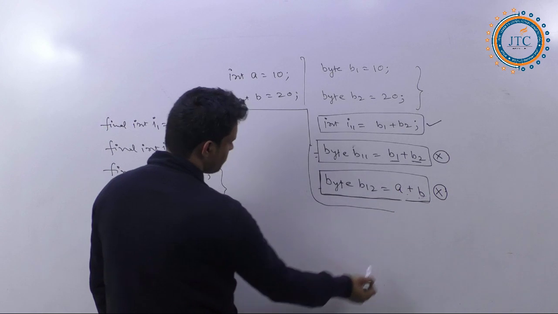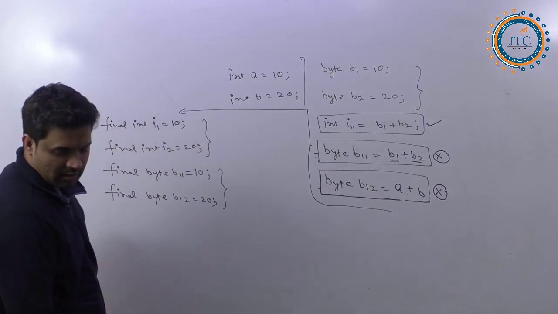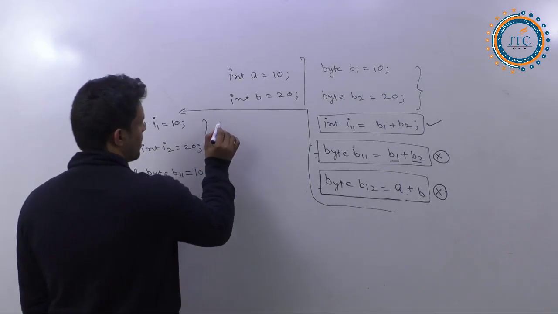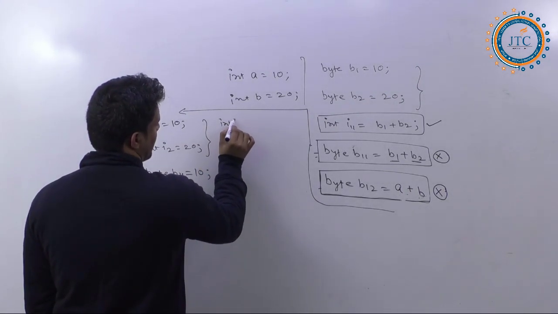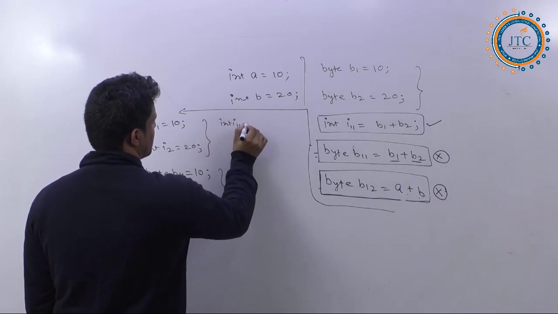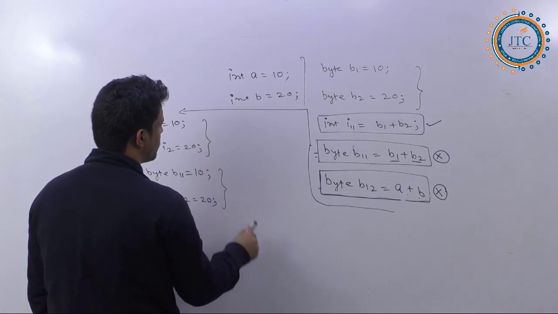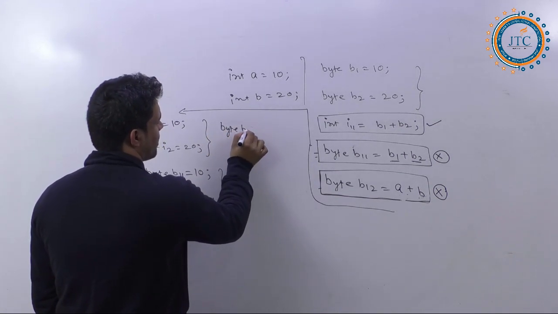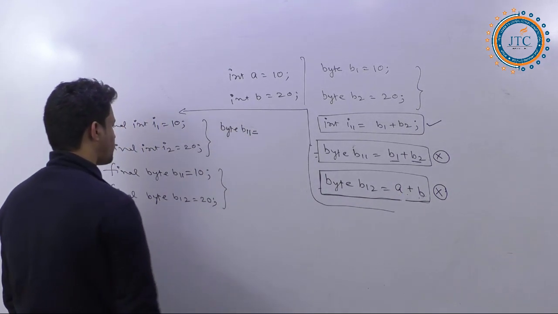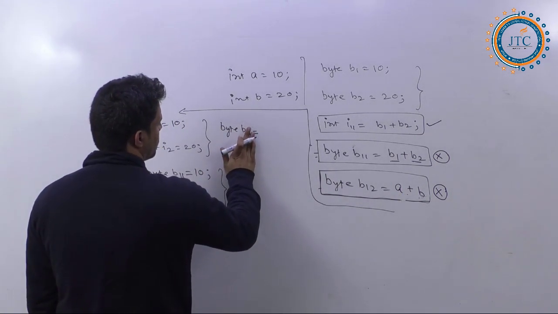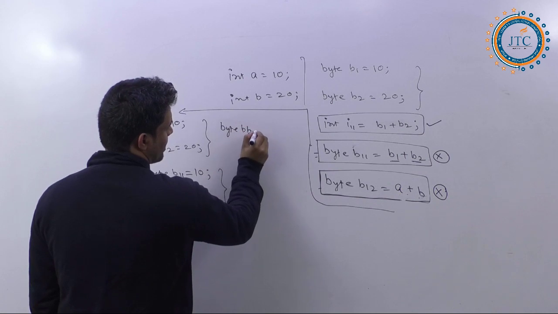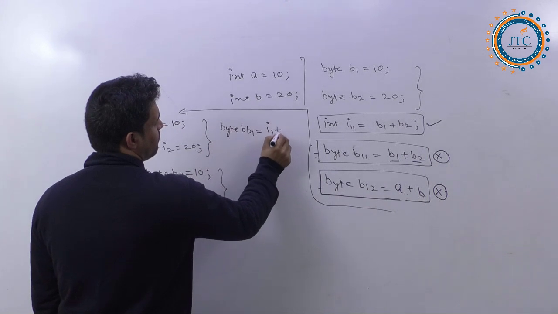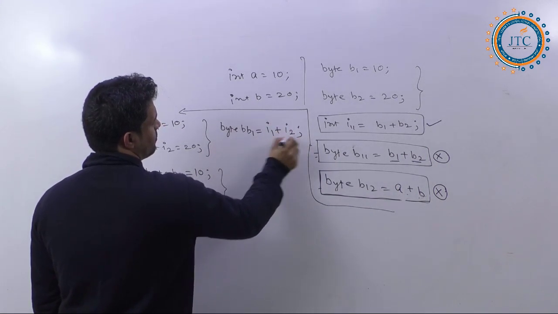Now again I am asking something. Let's suppose a very simple one: byte BB1 is equal to, can I write here I1 plus I2?